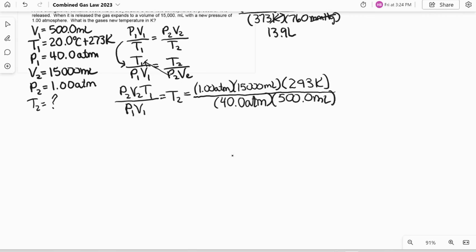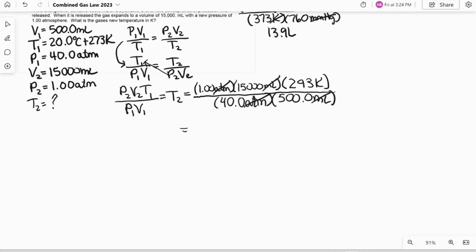Let's check our units. Milliliters cancels with milliliters. Atmospheres cancels with atmospheres. You're left with units of K on the top, which is what you need. If you get K on the bottom, you've rearranged incorrectly. So have that be your red flag to tell you you need to go back through and check your work.